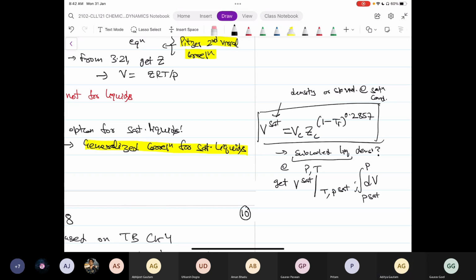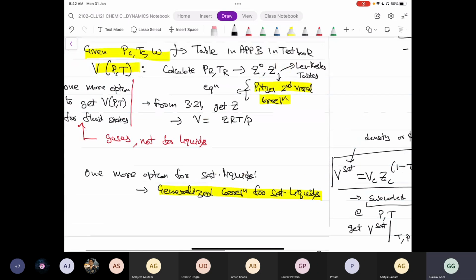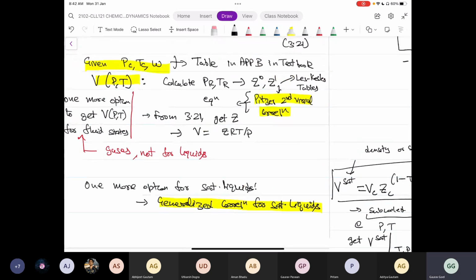Yes, sir. And so Pitzer's second virial correlations are different from this, right? Yes, Pitzer second virial as well as Lee-Kesler, both of those are more suited for the gaseous states.